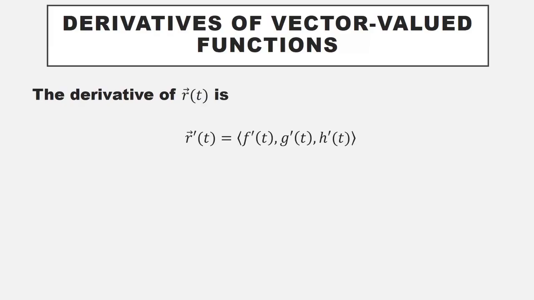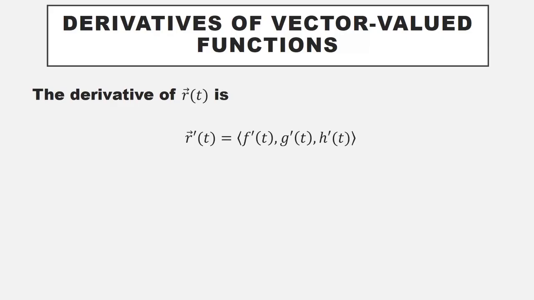In general, the derivative of a vector valued function is the derivative of the x component, comma, the derivative of the y component, comma, the derivative of the z component. So it's f prime, g prime, h prime, where those are the x, y, and z components. So we just apply the derivative to each piece of the vector valued function.